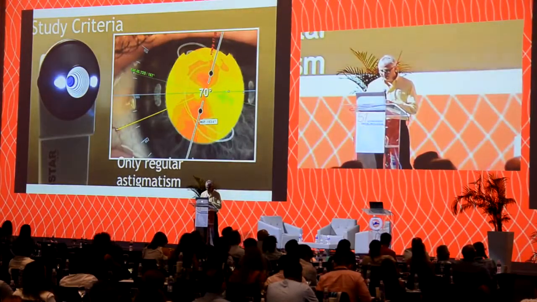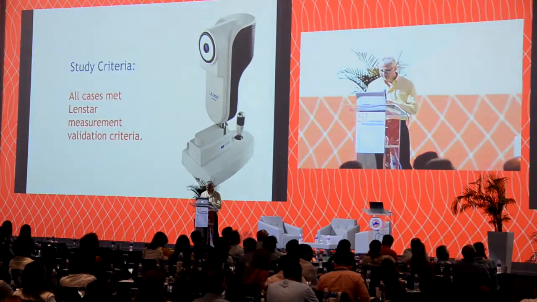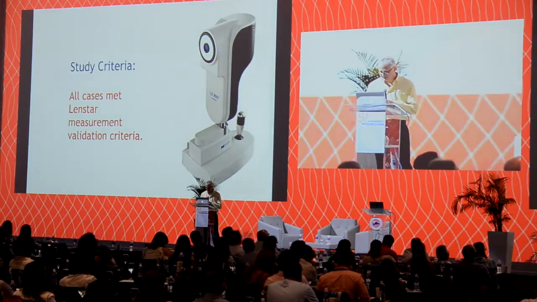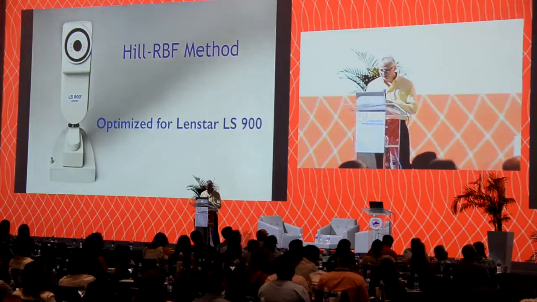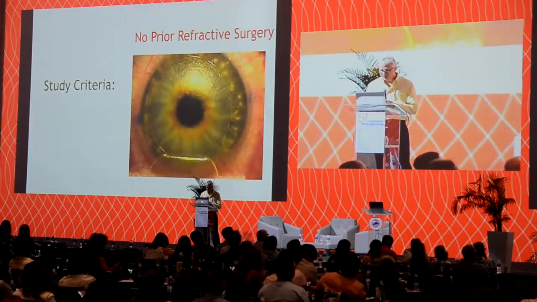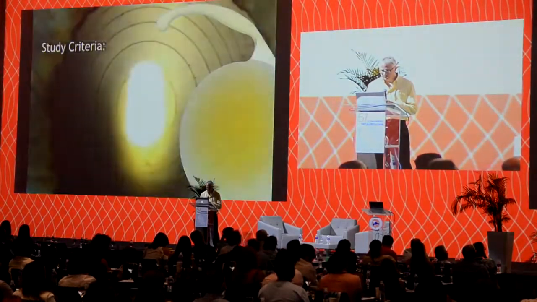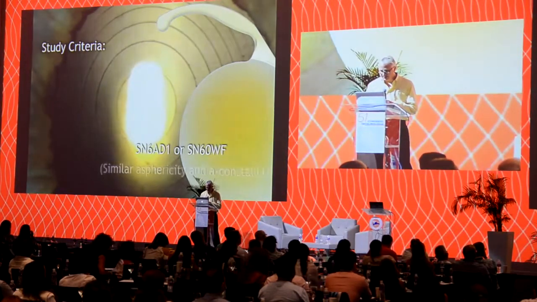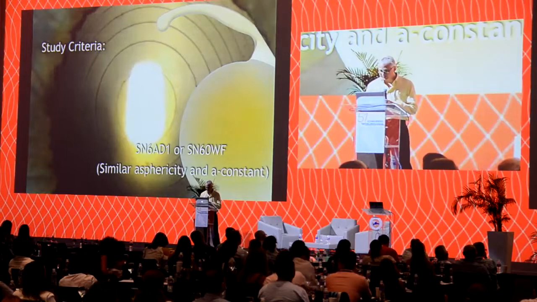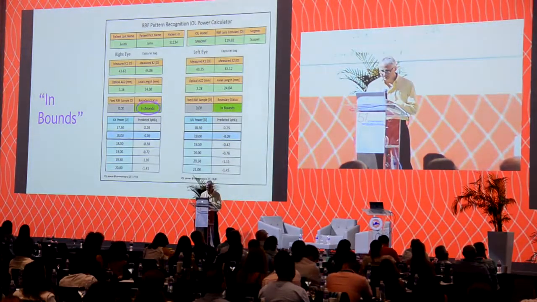And they had to have only regular astigmatism. They had to meet the LENSTAR criteria because the formula was validated on the LENSTAR, and it met all of those criteria for each case. They could not have had prior refractive surgery, and we used only the SN6AT or the SN60WF because they have similar asphericity and A constant. So that's how we started things out.